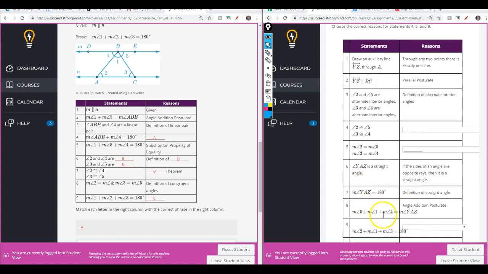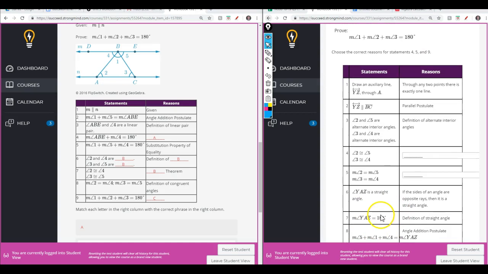And I'm noticing that there's not, and that's okay. I'm first going to notice that ABE right here makes up angles 1 and 5, and that angle 4 is this angle right here.